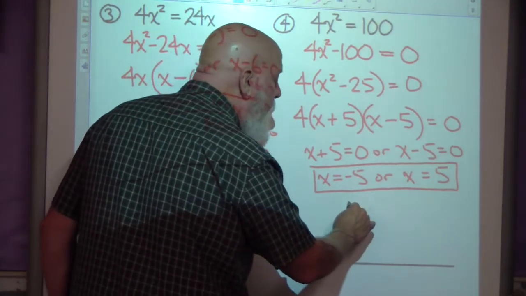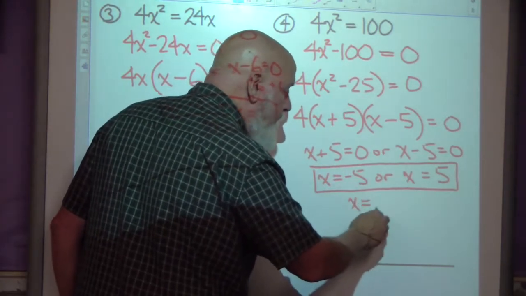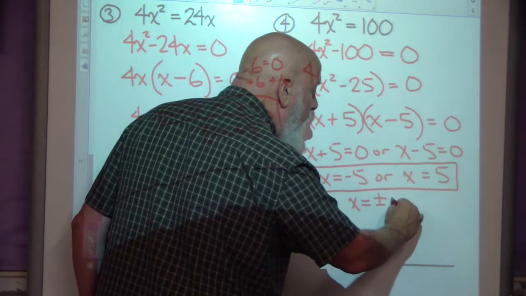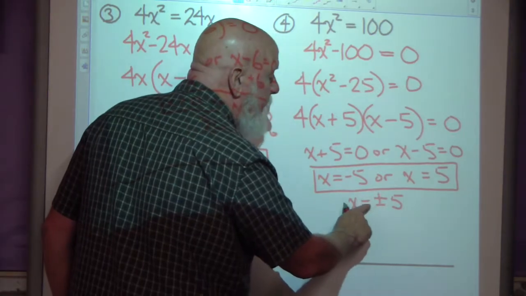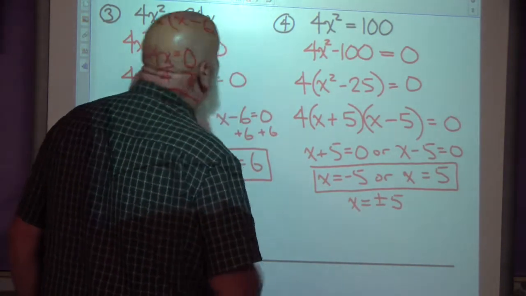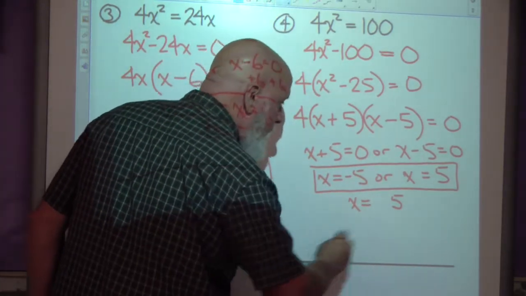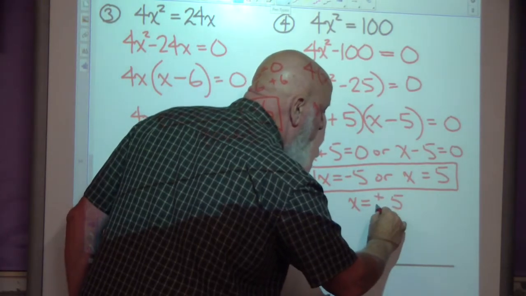Oftentimes you'll see them combined into one expression, one equation, x equals plus or minus 5. The symbol right here just means it's x equals positive 5 or negative 5. It's a plus sign over a minus sign. I want to clear that up a little bit. Plus or minus 5. There we go.